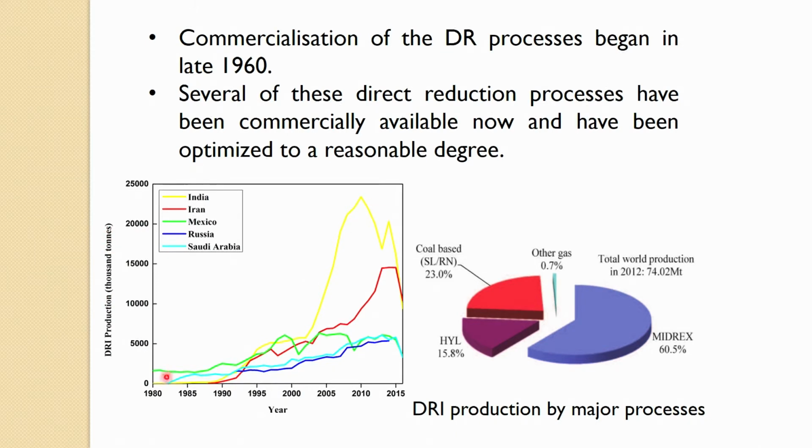India started a little late, while some other countries, especially Mexico, started quite early, and even Russia and Saudi Arabia. But then they did not go that high. The production more or less in the last 2-3 decades is constant. But for India, and you can see from 1990 or so, Iran also, the production is increasing quite high.